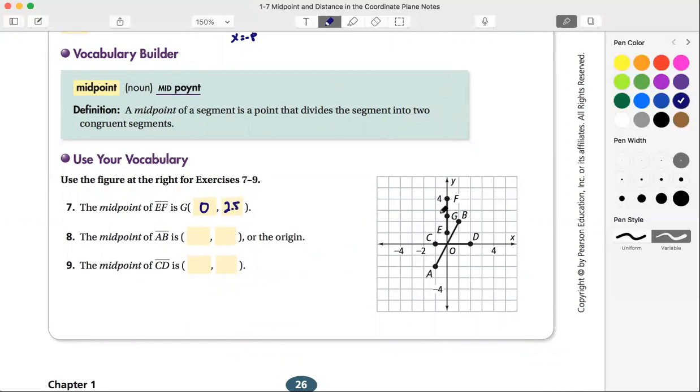The midpoint of AB, so AB, midway point is right there in the middle, so how about 0, 0, or the origin? The midpoint of CD looks to be right about here, so we go over about a 0.5 and up 0.